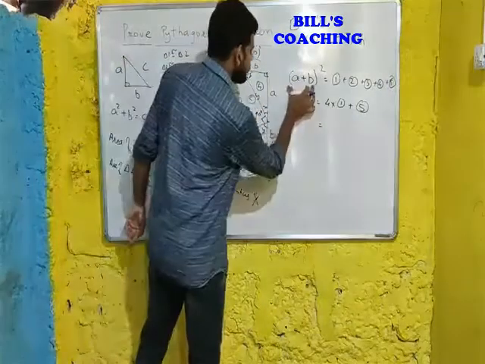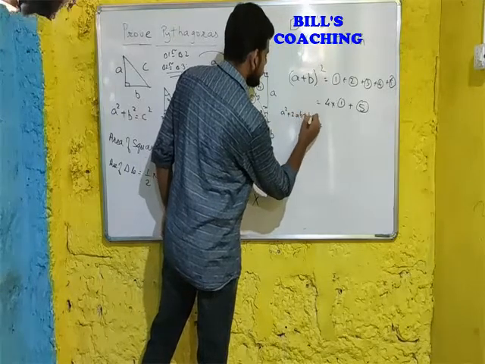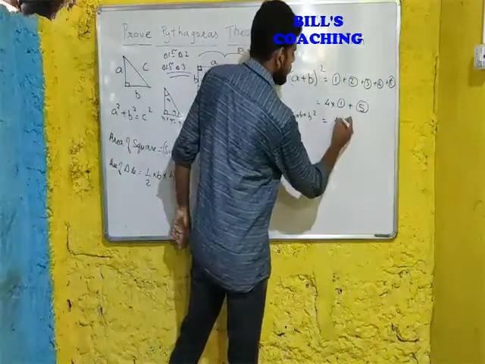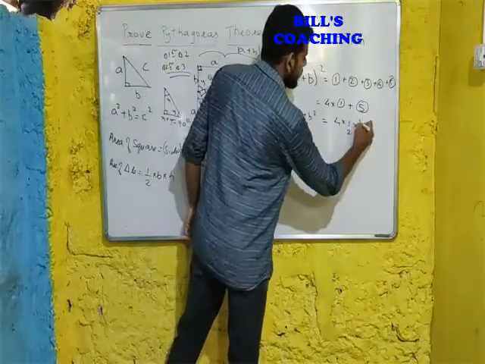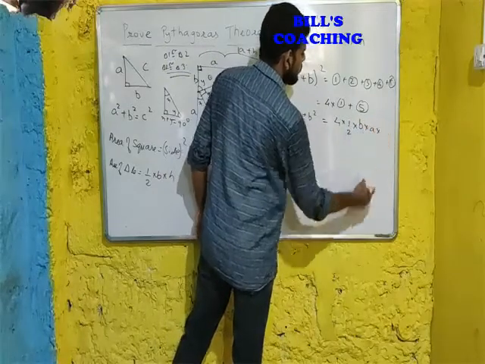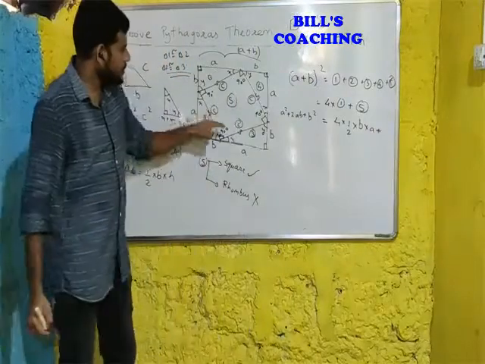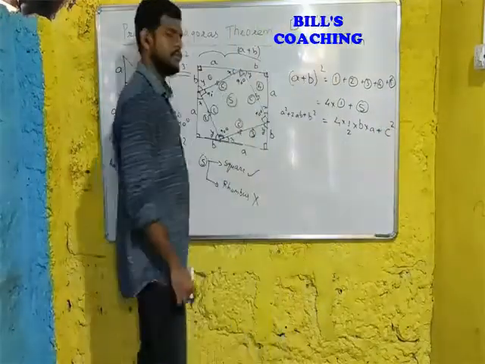I'll apply this: A plus B whole square, which is A square plus 2AB plus B square, will be equal to 4 multiplied by half into base into height, plus, what is the side of this? C. I can say C square. Good.